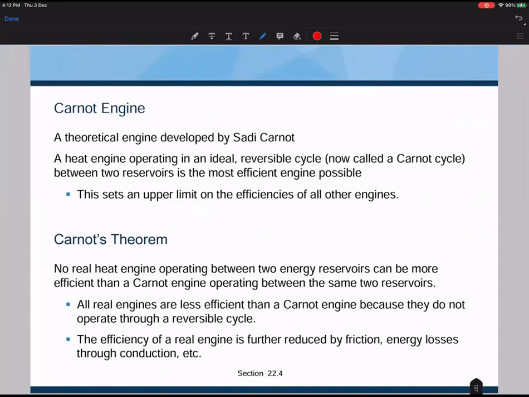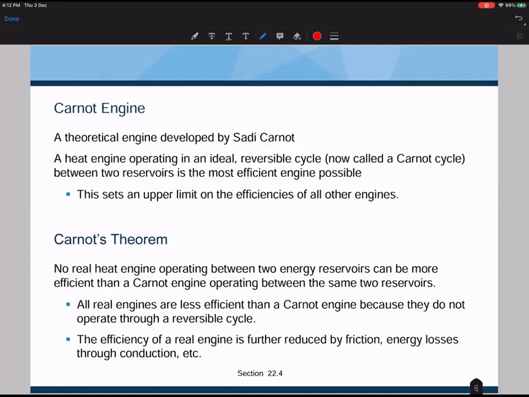However, even if you have all processes that are completely reversible, that means you could bring the initial and the final states back to each other without any loss of energy due to irreversible processes, your efficiency can still be less than 100%.